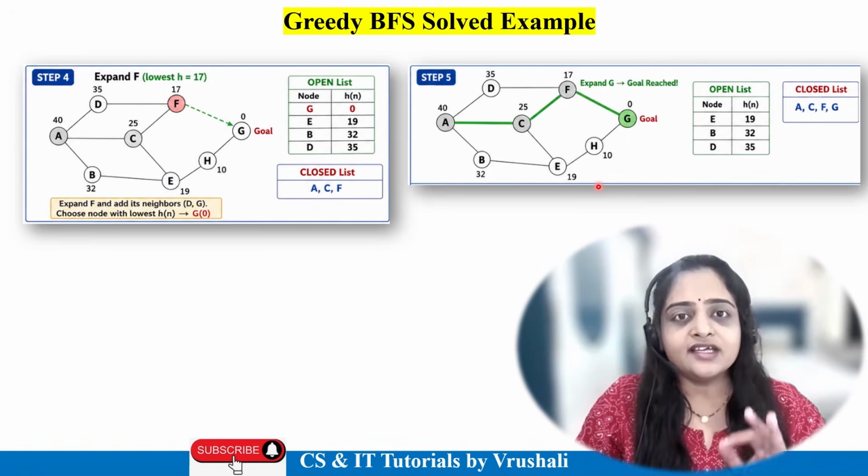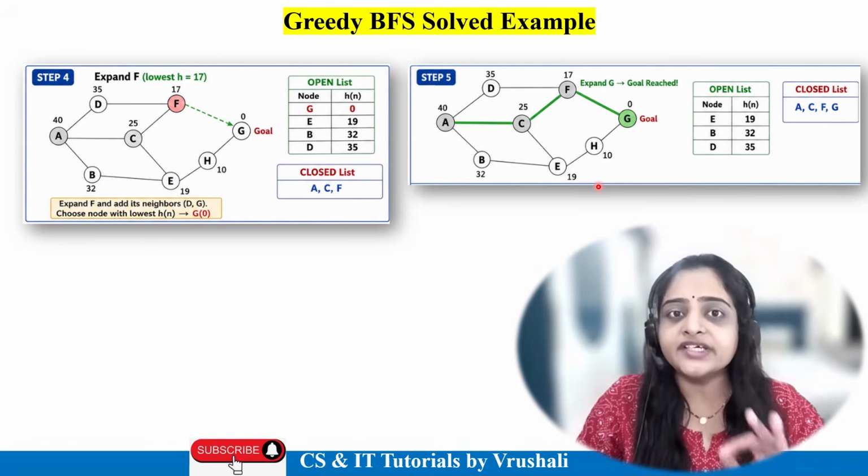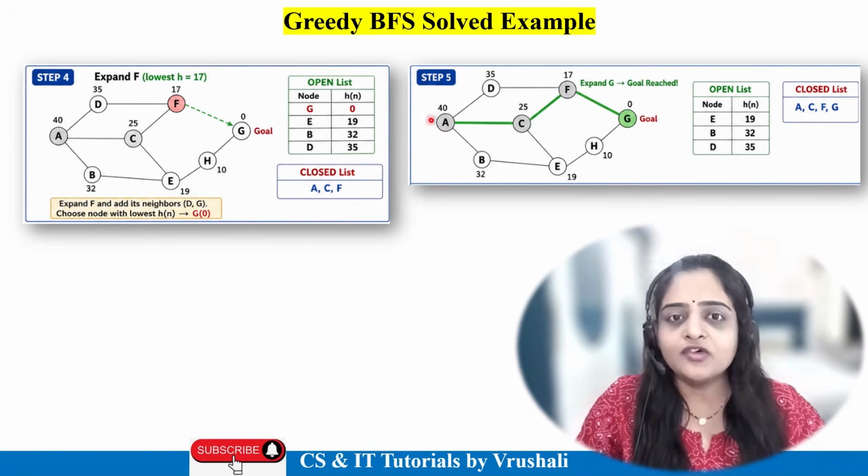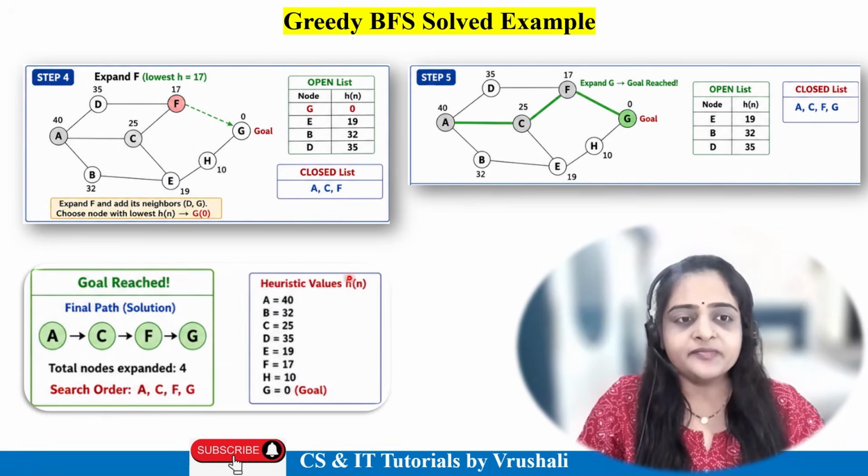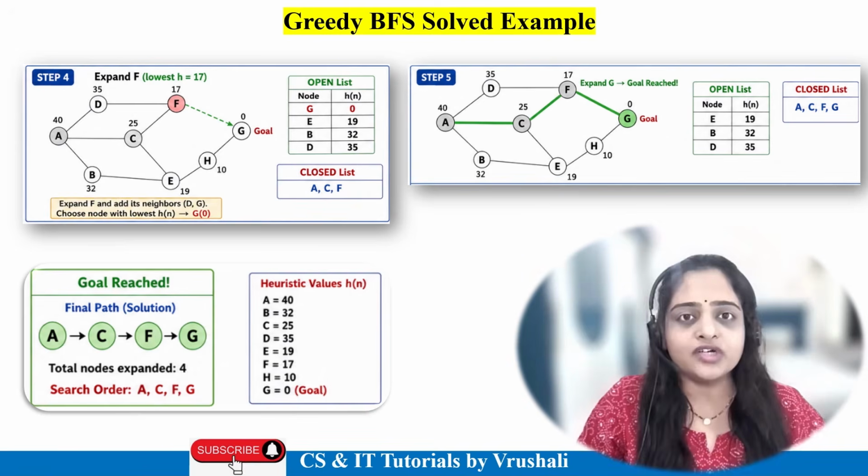So basically, the shortest path using the greedy BFS algorithm from A to G is A, C, F and G. See here, A, C, F and G. So in this way, you need to find the shortest path by using heuristic value.